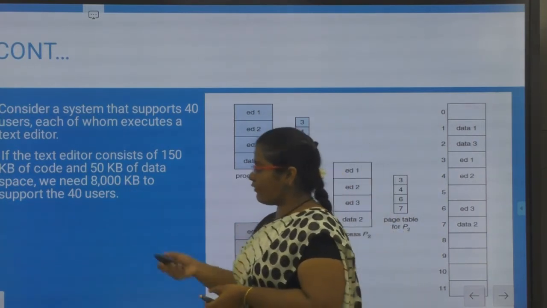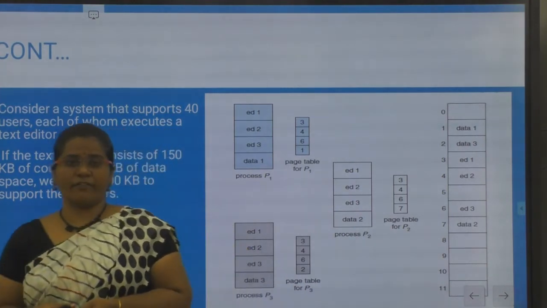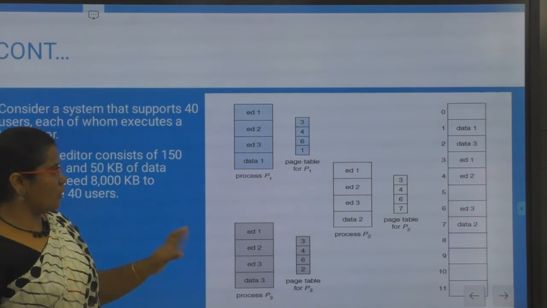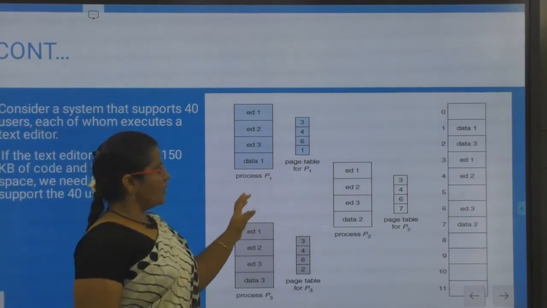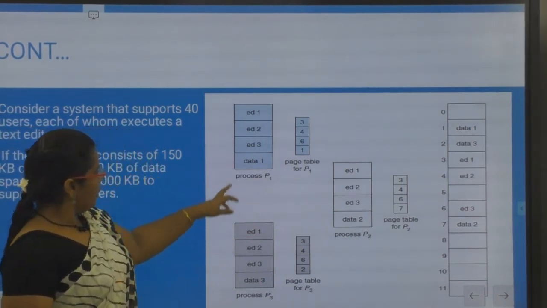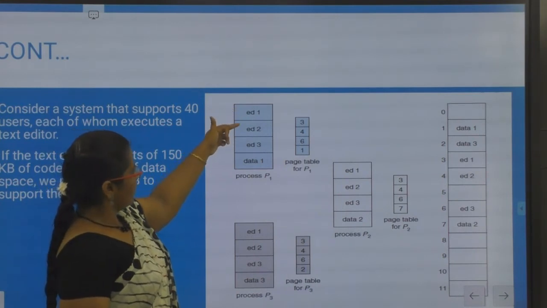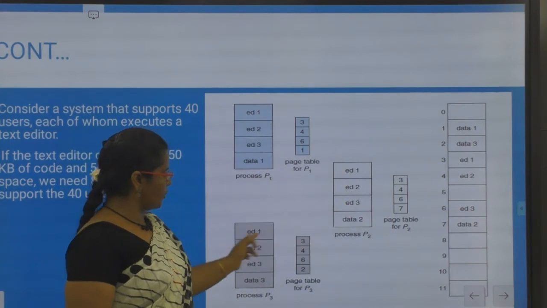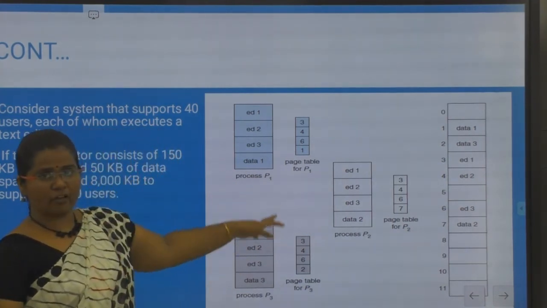Okay, so instead of allocating 8000 KB of data for all the users, you can simply see here the 3 text editor pages, editor 1, 2, 3, are common for all the 3 users.